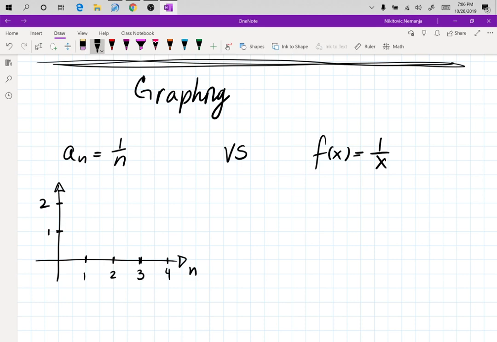Again, nothing in between the numbers exists. There are only integers, 1 and then 2 and then 3, and nothing in between. So now when I use number 1 and plug it into the formula up there, 1 over 1 is 1. So I get (1, 1). And then when I plug in 2, I get 1/2, and then 1/3, and then 1/4.